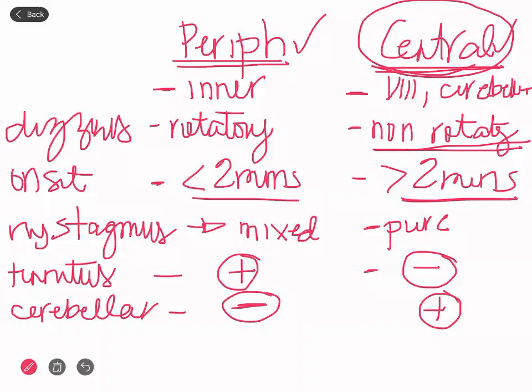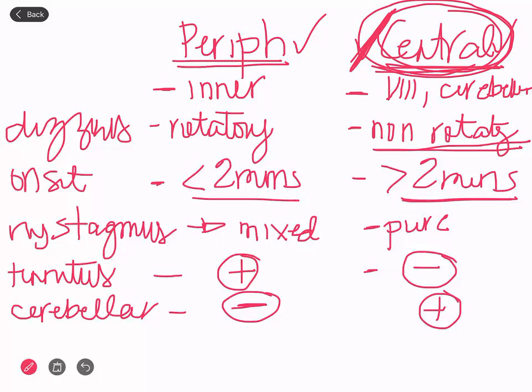So more likely, you are entertaining a central type of dizziness there, no? And if you are entertaining a central type of dizziness, of course, it is an emergency. Because remember that the ARAS, as well as the cardiorespiratory center, are located in the posterior fossa, that when they are compressed or damaged, it can actually cause death or coma to the patient. Okay?